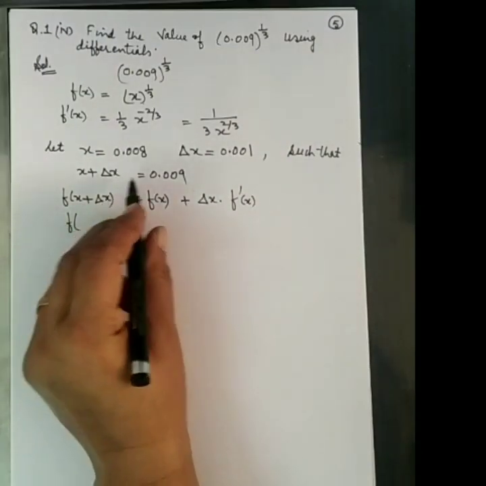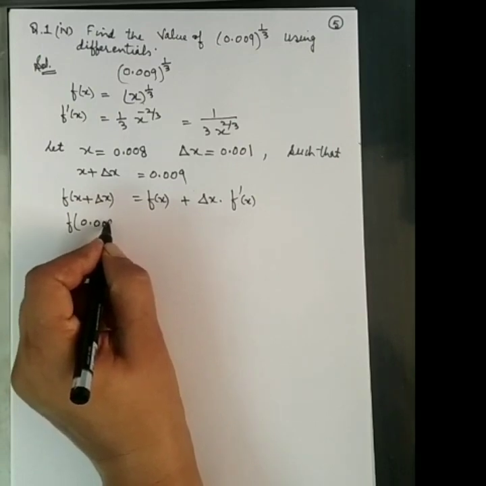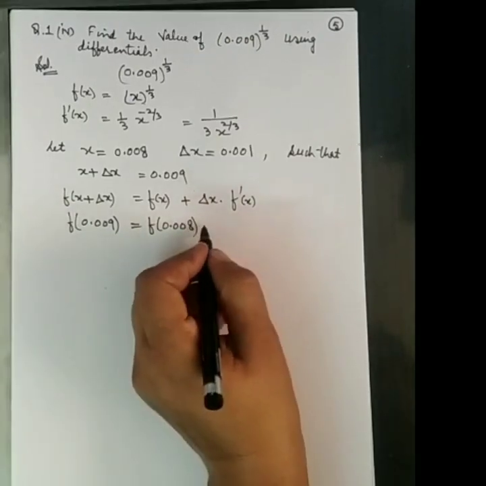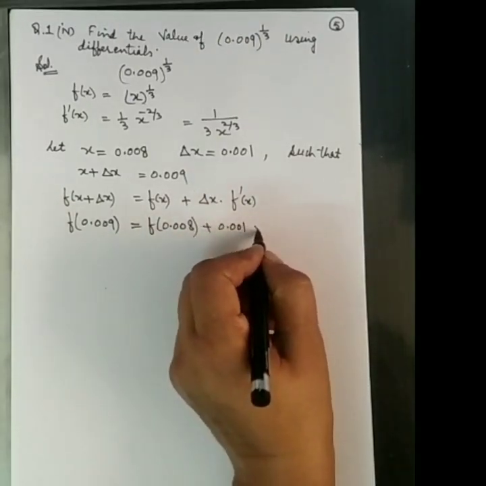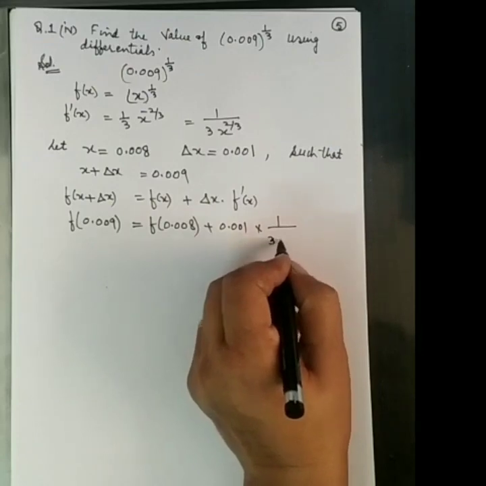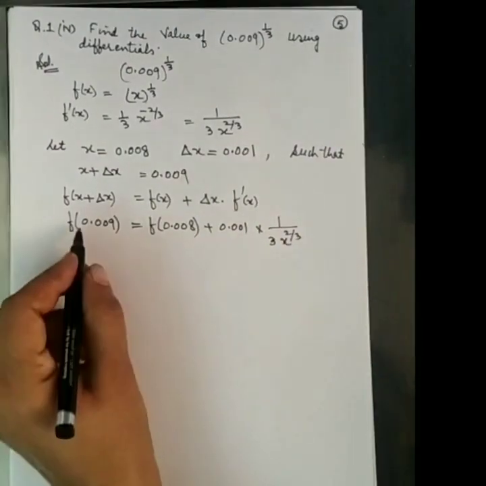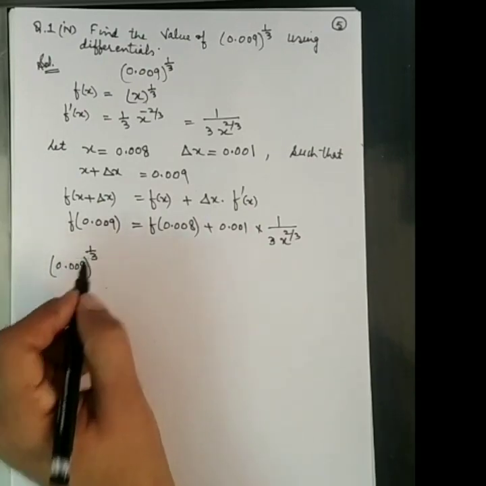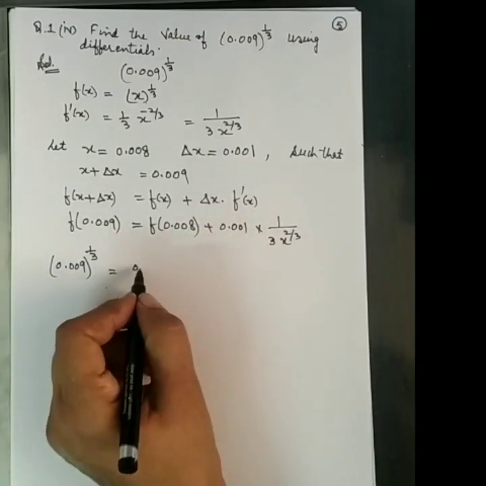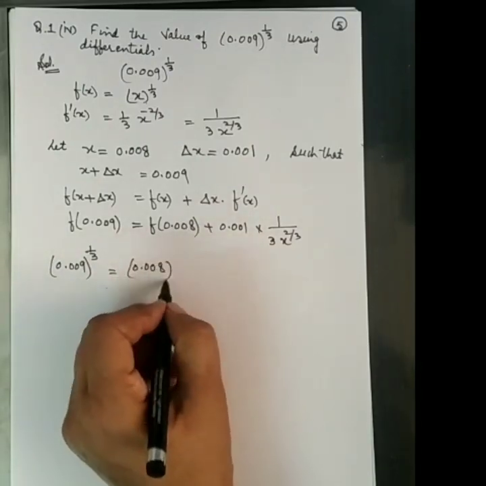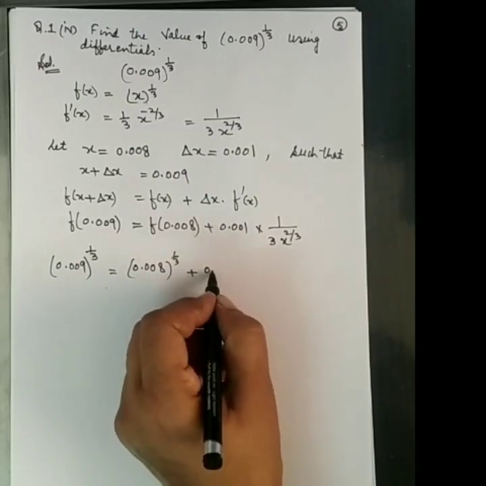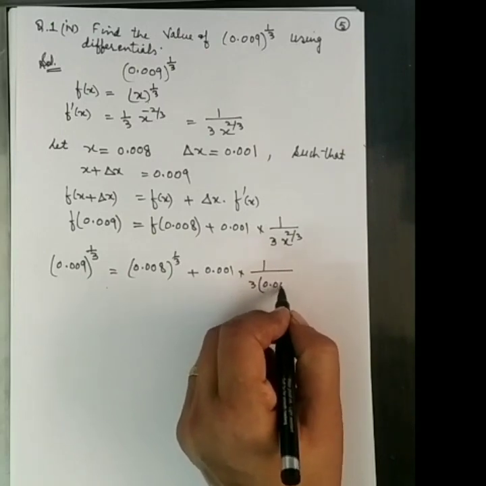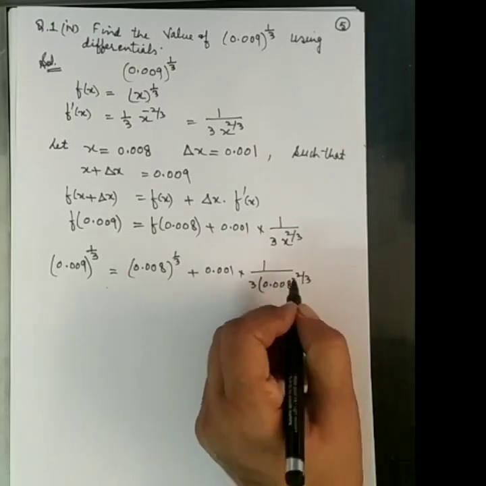F of x plus delta x means f of 0.009 is equal to f of 0.008 plus 0.001 multiply 1 by 3 x to power 2 by 3. So the cube root of 0.009 will be the cube root of 0.008 plus 0.001 multiply 1 upon 3 into 0.008 raised to power 2 by 3.